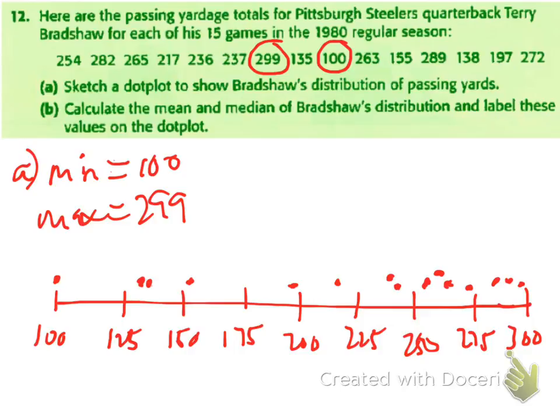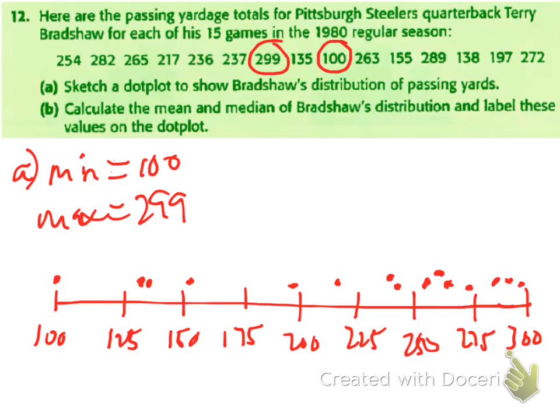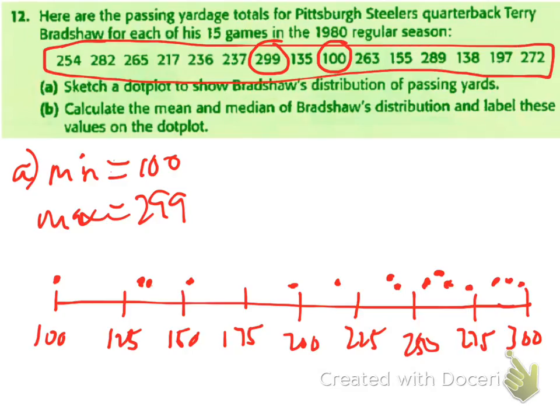Okay, values are spread out. Now it says calculate the mean and median of Bradshaw's distribution and label these values on the dot plot. So part B, to find X bar, we're going to add all of these numbers up.